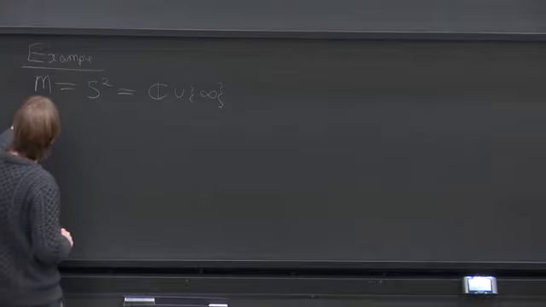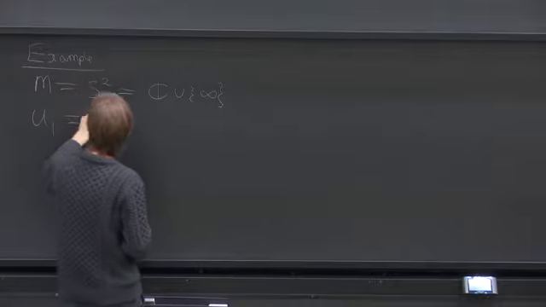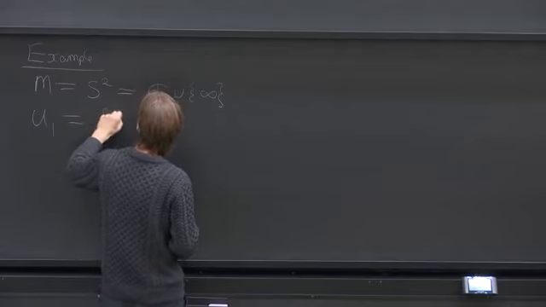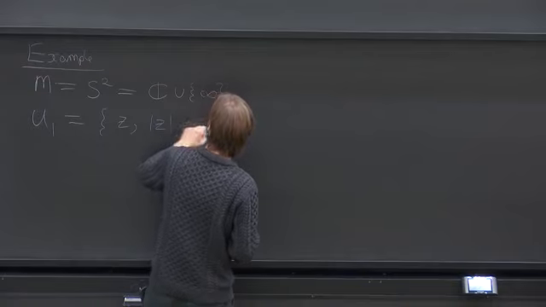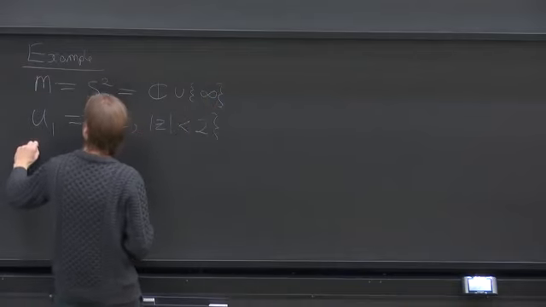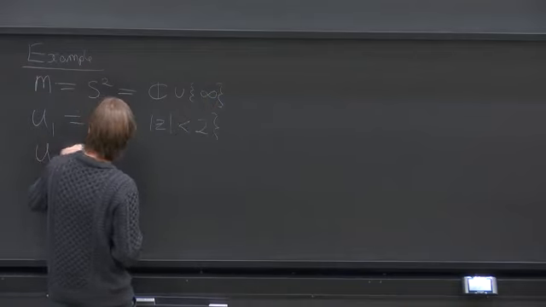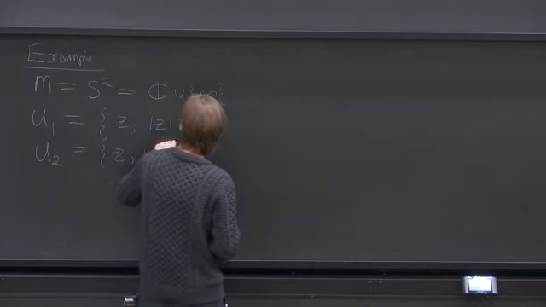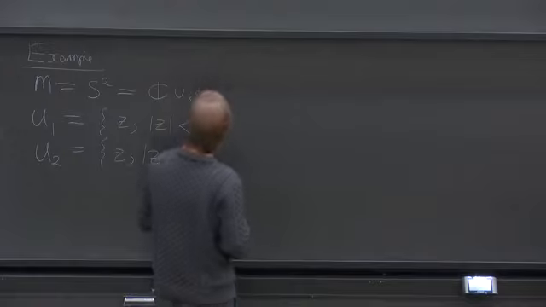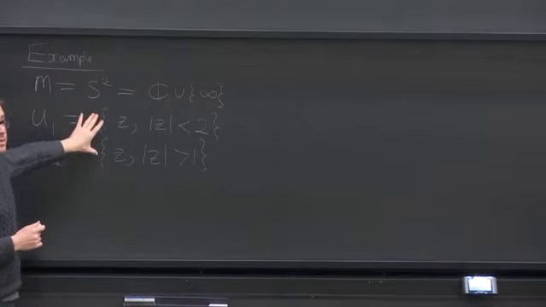We take U1 to be the set of points z where the size of z is less than 2, and U2 to be the set of z where the size of z is bigger than 1. So this is what it looks like in the complex plane.